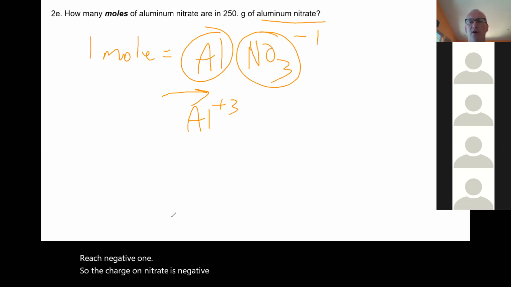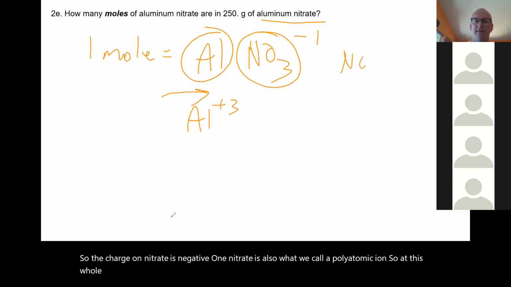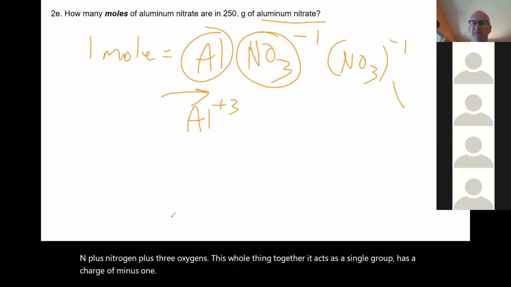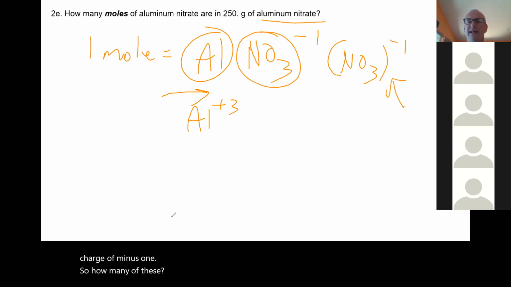Nitrate is also what we call a polyatomic ion. So this whole thing, nitrogen plus 3 oxygens, acts as a single group and has a charge of -1. So how many of these am I going to need to balance out the charge on aluminum? You don't. It's already balanced.